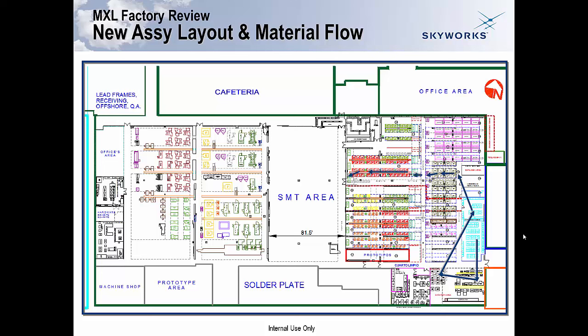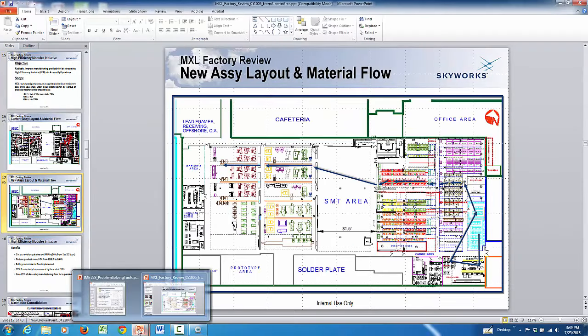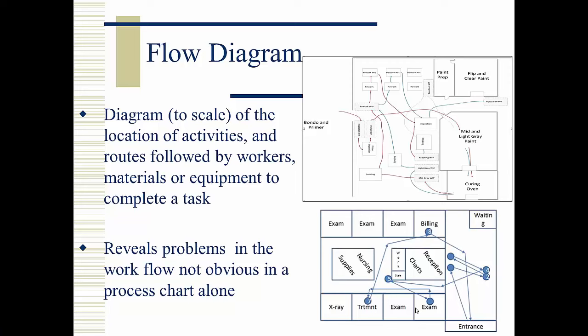But you can see here a much more straightforward path for the material movement throughout the factory. So that's an example of a flow process diagram from when I was in industry. You can see that they really are used in industry, as are all the tools that I've been talking to you about through these videos.